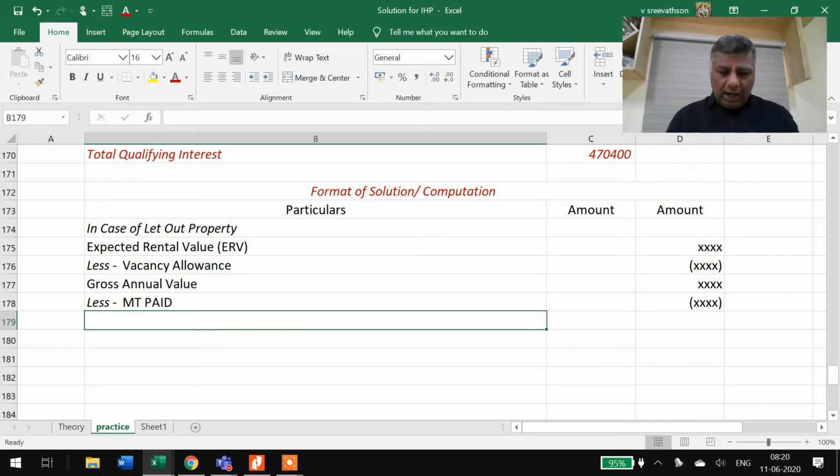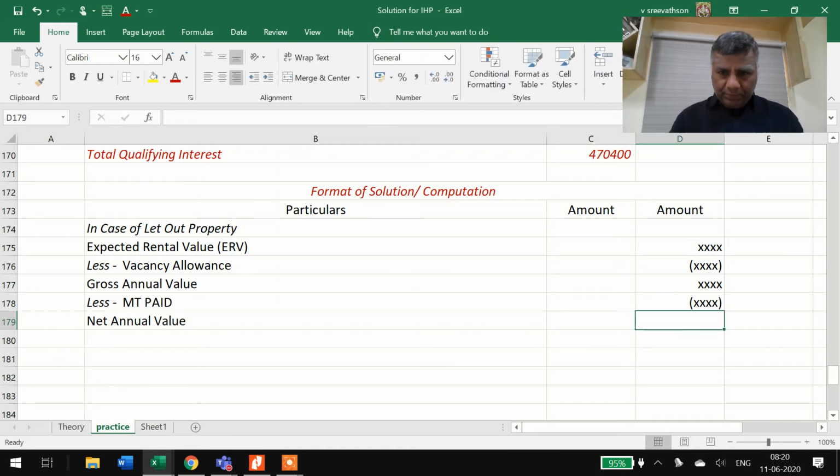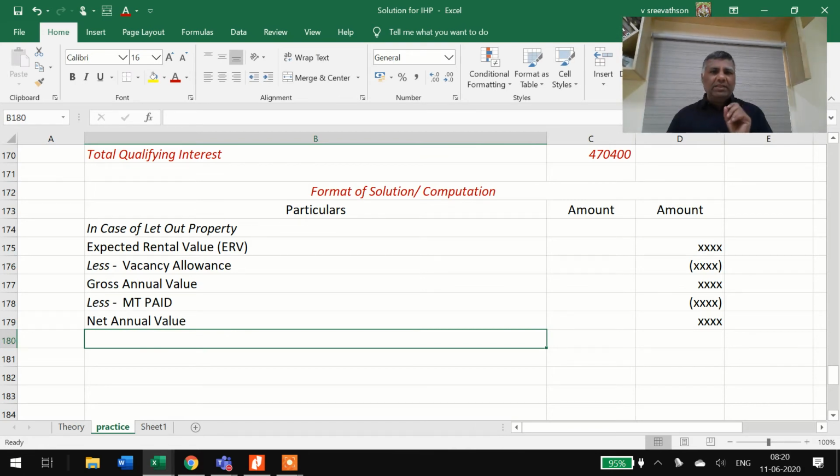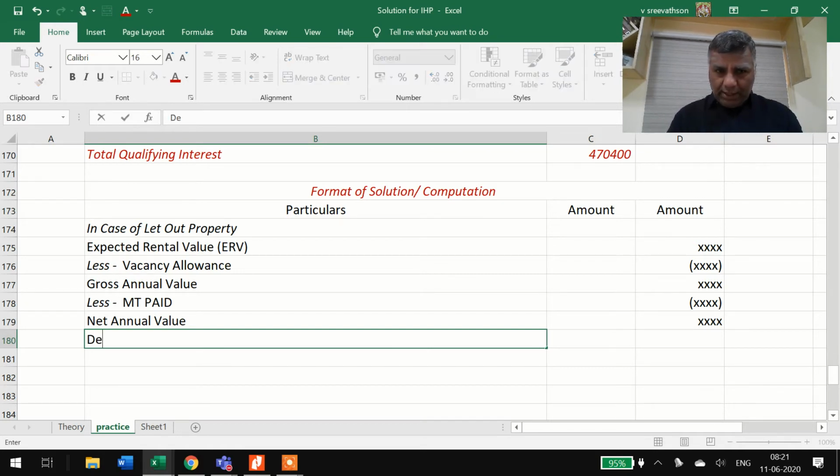I will get net annual value. Okay, I will start the answer with ERV. Less vacancy allowance, I will get GAV. Less municipal taxes paid, I will get NAV. Deduction under section 24.